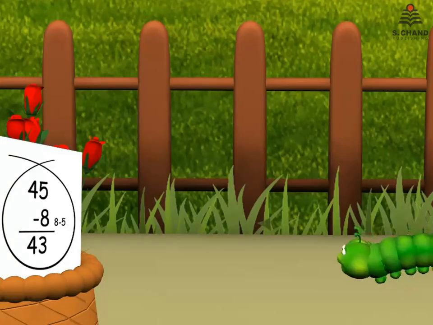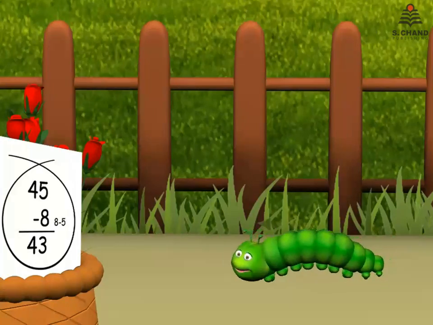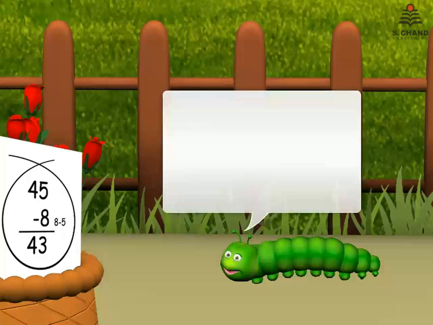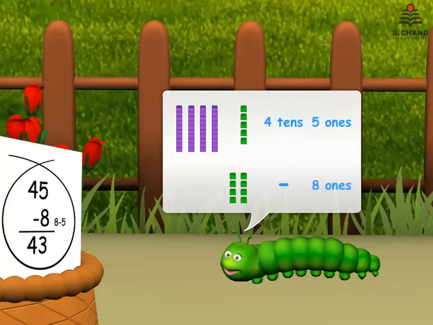Where did the flower seller go wrong? Look at the subtraction closely. 45 minus 8 can be shown as 4 tens and 5 ones minus 8 ones.